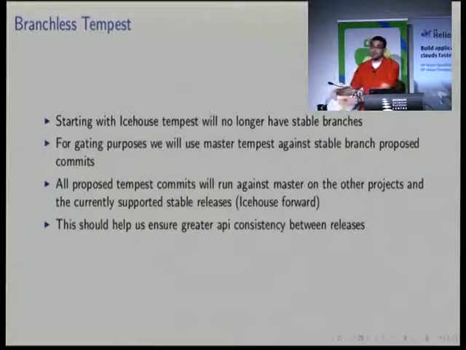So if there were bugs in Tempest in the stable branches, then we wouldn't catch the fixes to that necessarily unless we backported it, and we weren't very good about backporting. So what we decided to do was that from Icehouse forward, there's only going to be a master branch for Tempest. And this will ensure that the API is consistent because we're running the same exact tests on master as we are on stable Icehouse. And moving forward, stable Juno will run on master Tempest as well.